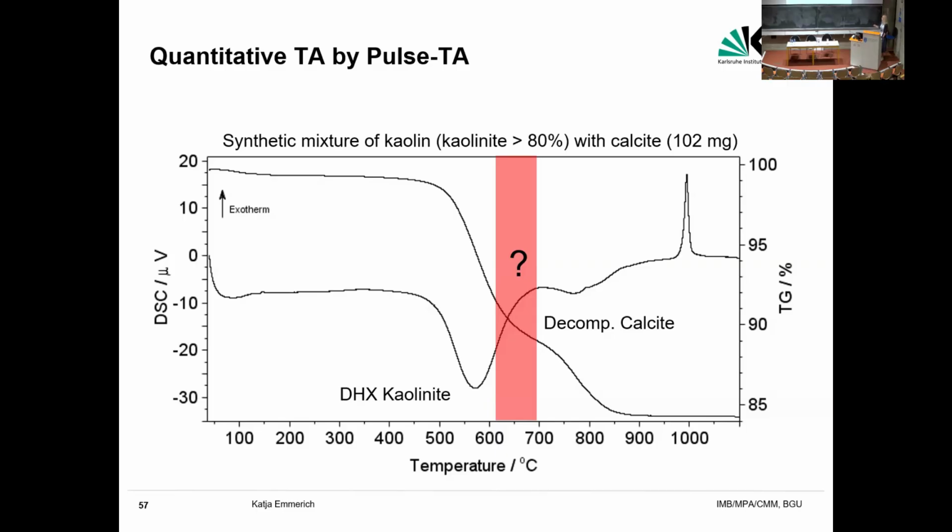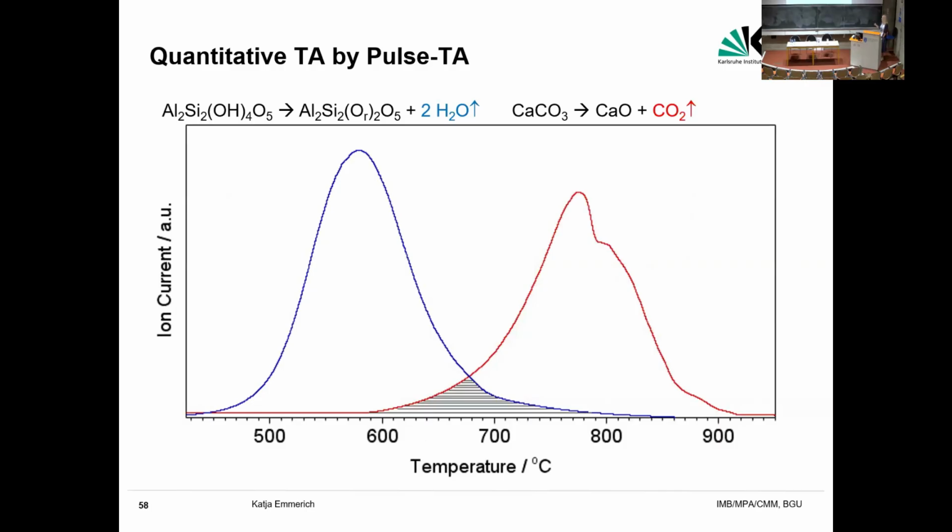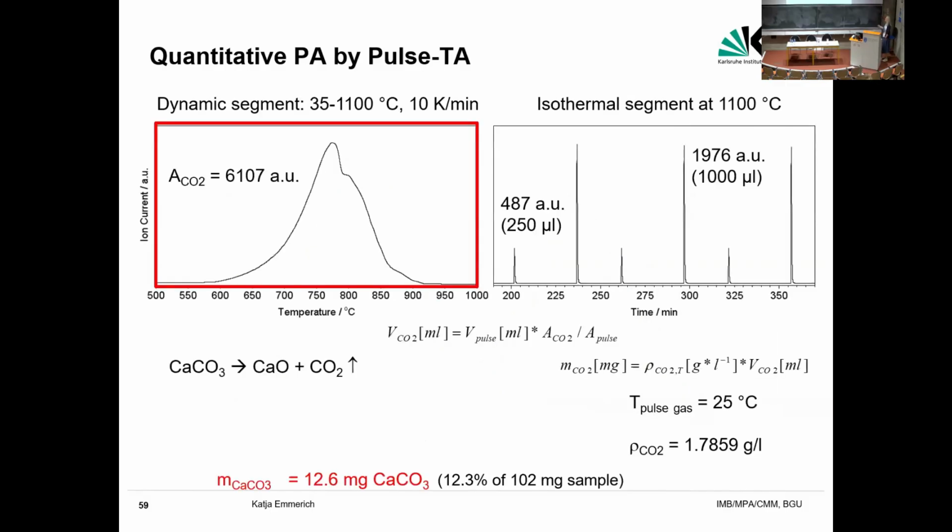The reason for this uncertainty is that the dehydroxylation is still going on when the decomposition of the carbonate already started. So you have a certain error. We have a device that has a very nice addition that is called pulse TA.